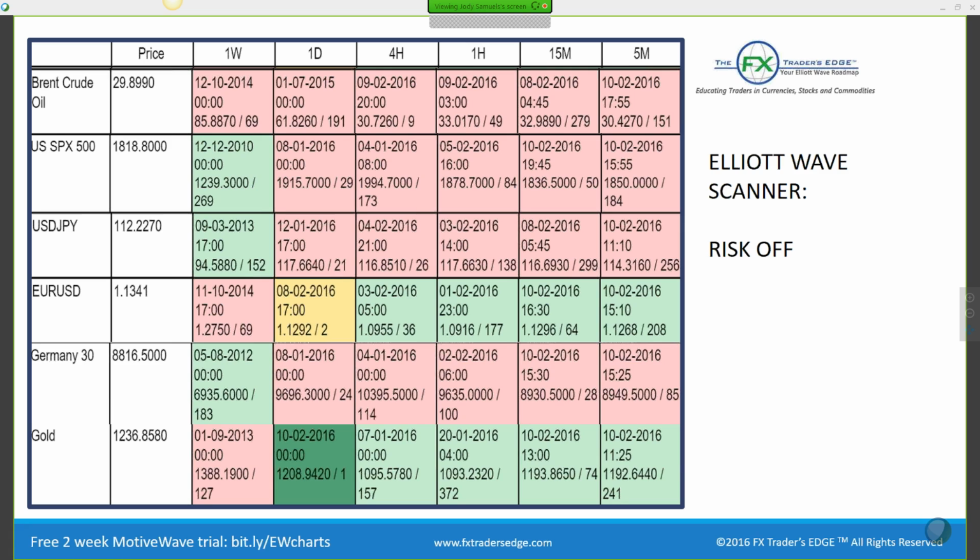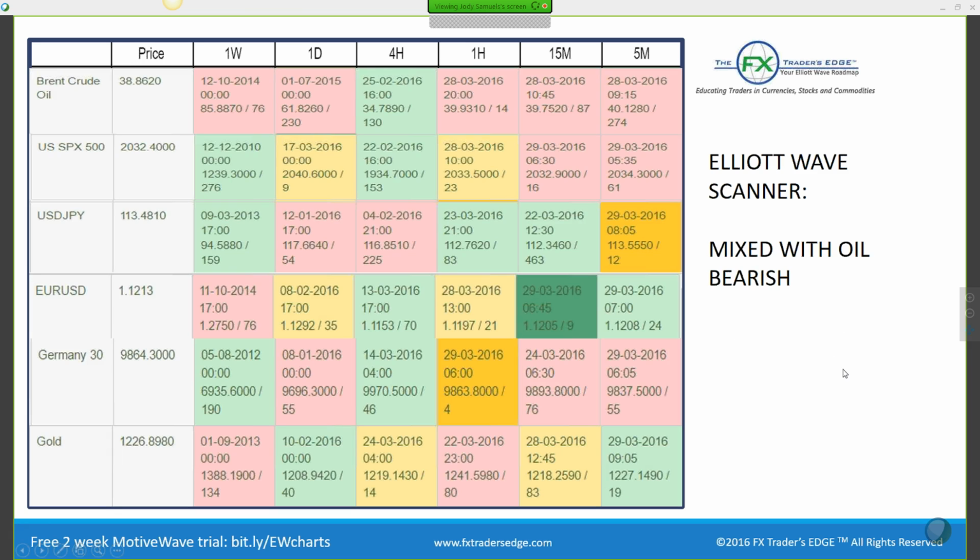Okay, so now what's going on with the scanner today? This is the scanner as of today, and this is showing a very mixed market. And I think that's symbolic of what's going on this week, that the market is waiting for news, and we'll discuss that in just a minute.